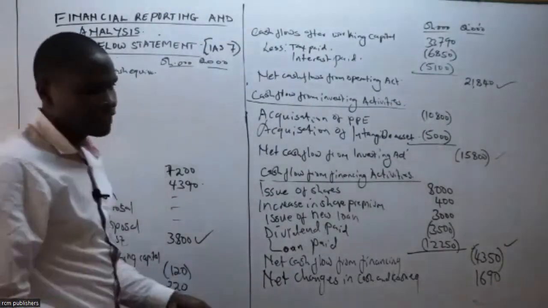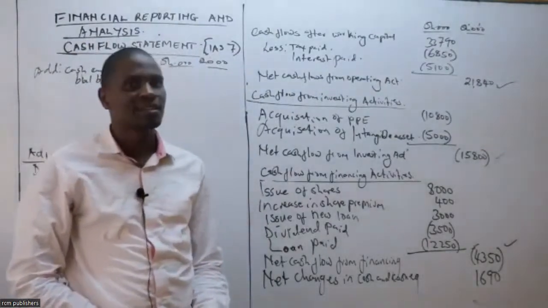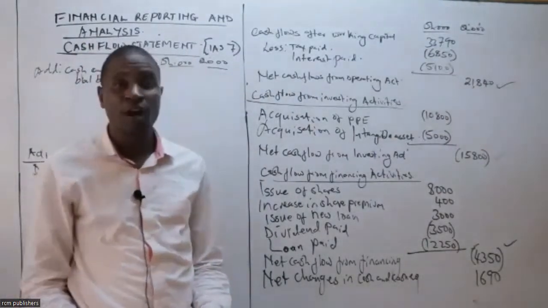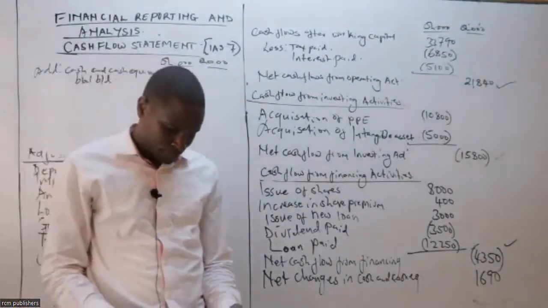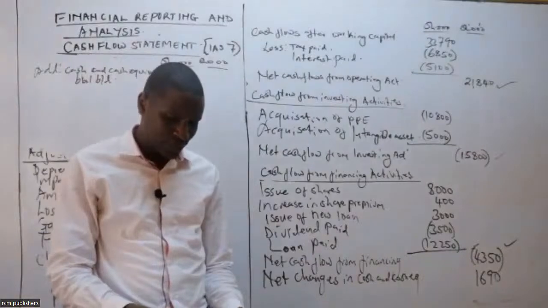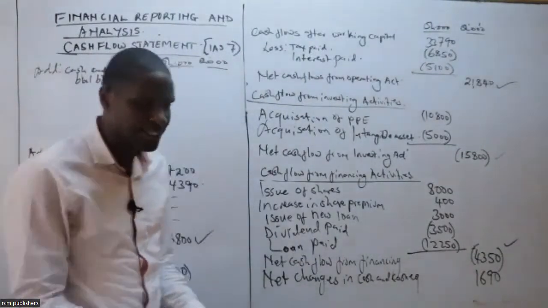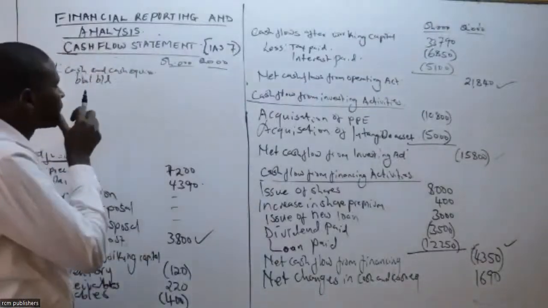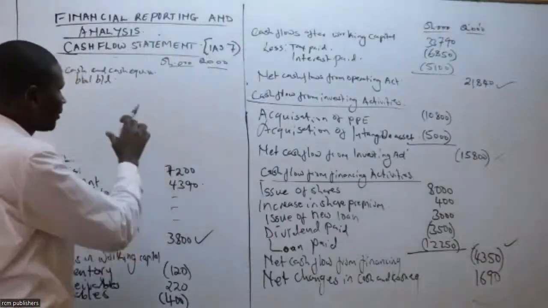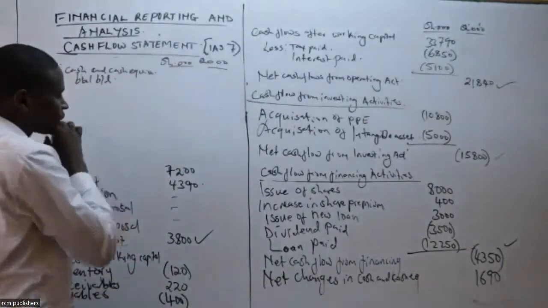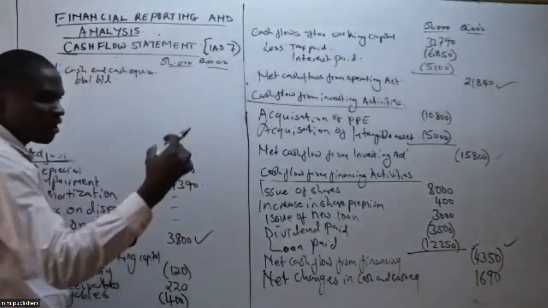How do we get cash and cash equivalent balance brought down? You go to where we have the current assets. Where we have the current assets, you have the cash and cash equivalent, and this is how you do it. Cash and cash equivalent, I can see we had 4,670. But remember, sometimes you will find that you have short term investment, and you have bank overdraft.